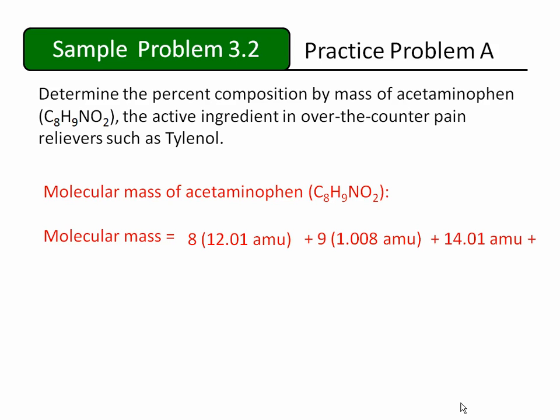We have 1 nitrogen atom at 14.01 AMU. And finally, 2 oxygen atoms, each with a mass of 16.00 AMUs. The sum of all these values is 151.162 AMU. In this value, the 6 is the last significant figure. We won't round this value yet, though, because we haven't finished the problem.